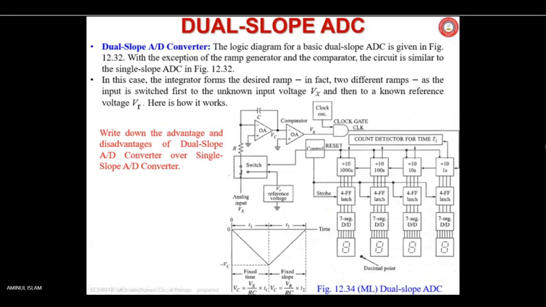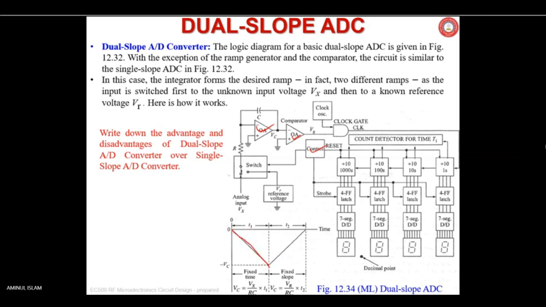Now dual slope is similar to that, but it is more expensive because you see here the integrator, comparator, and then control logic, and more or less time will be required more.